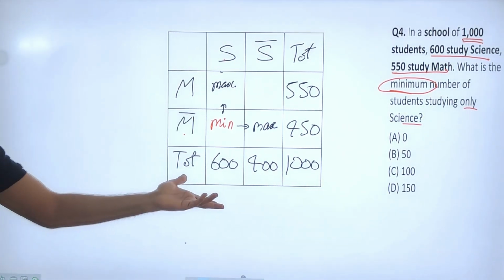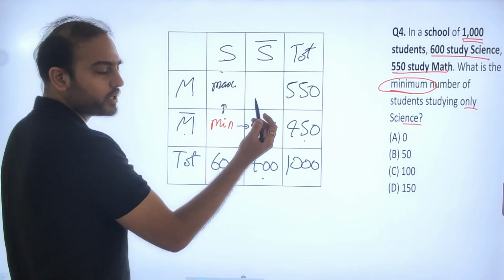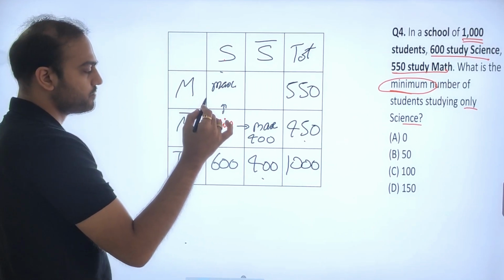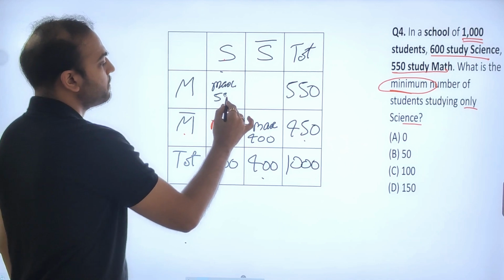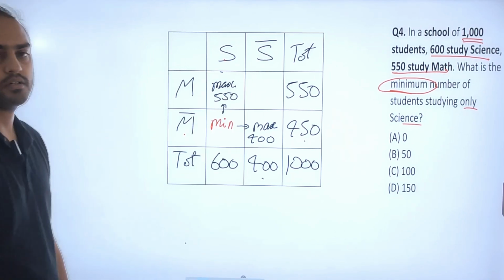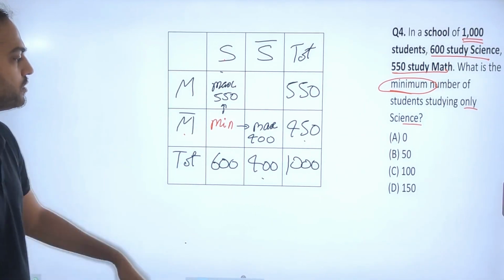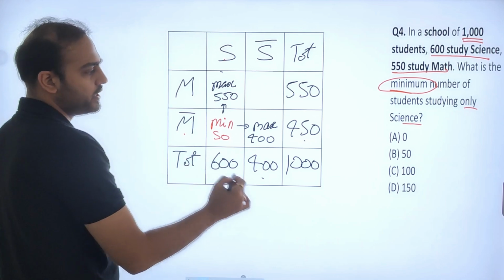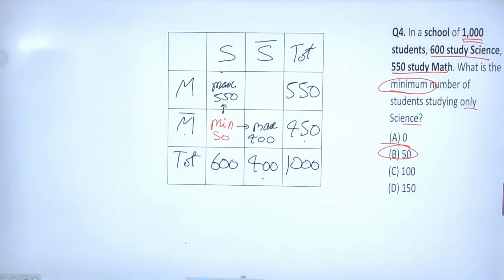We can just observe and find the maxima. 400, 450, maximum value here is 400. Similarly, 600, 550, maximum value here is 550. You can use any of the two and say minima is 50.